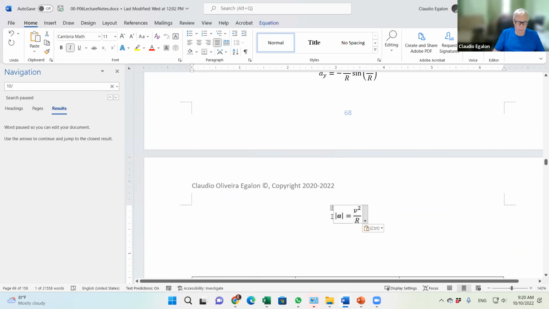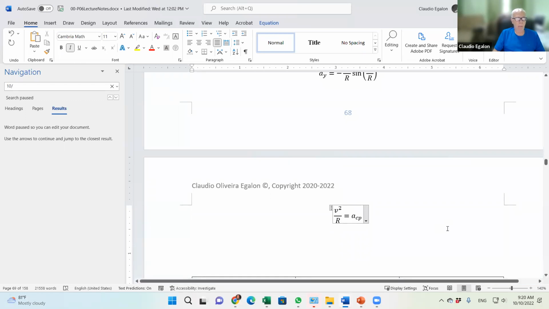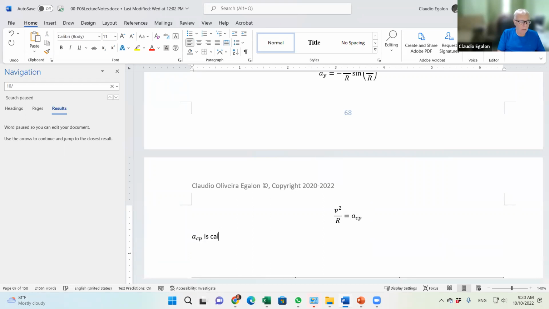We call it not just the acceleration, but even better than that, the centripetal acceleration, a_CP. A_CP is called the centripetal acceleration.